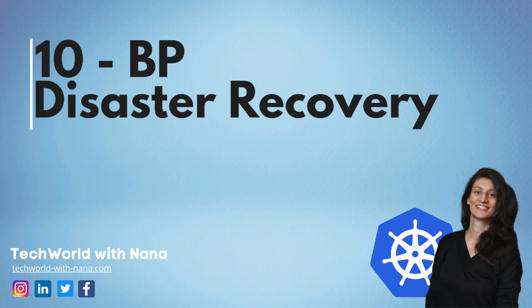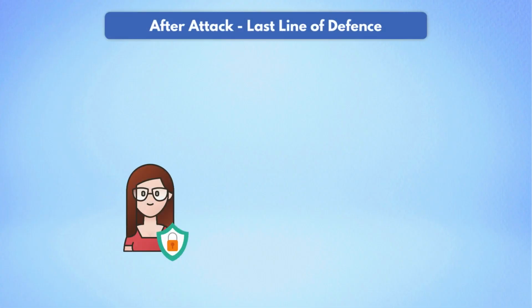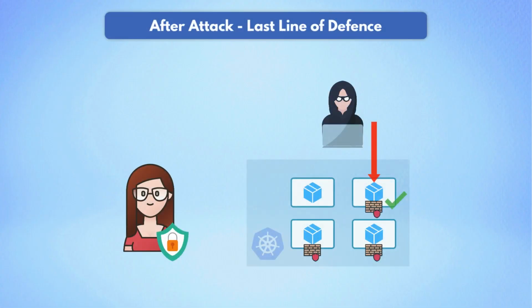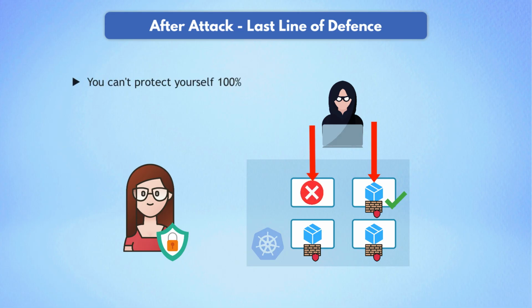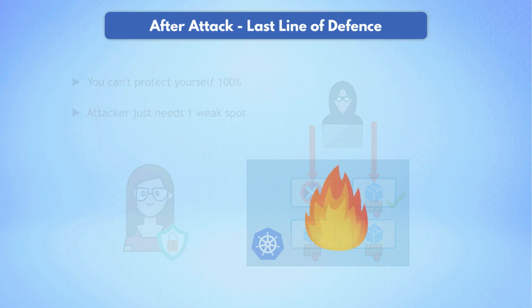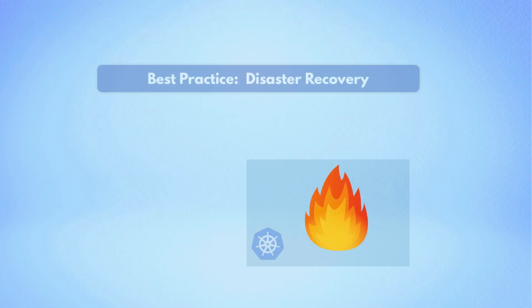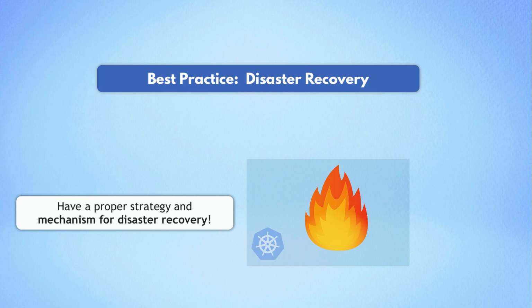Now, let's say we apply all these security practices, but you cannot always 100% protect everything, right? As I said at the beginning, an attacker just needs to find one weak spot to succeed in the attack and do some damage. So you may still get an attack that messes up your cluster. And here it's important to have a proper strategy and mechanism for disaster recovery.